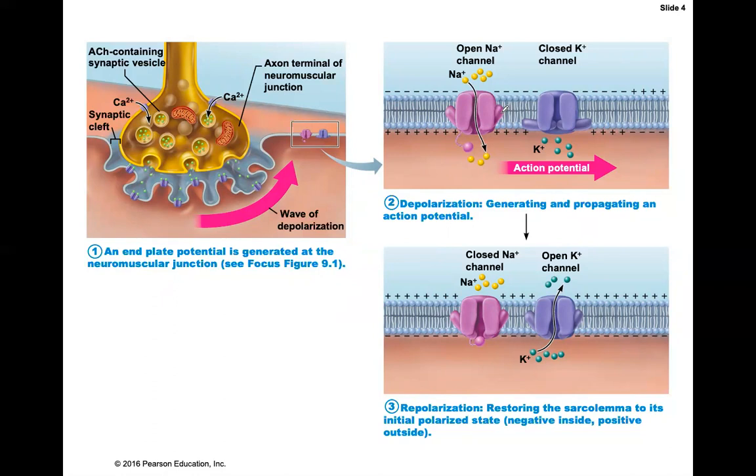And then by the time my positive charge is done, you have depolarized your cell. Sodium VGC is going to go into inactive, and my potassium VGCs are going to open, causing the potassium to leak out, and that again causes the muscle to repolarize.